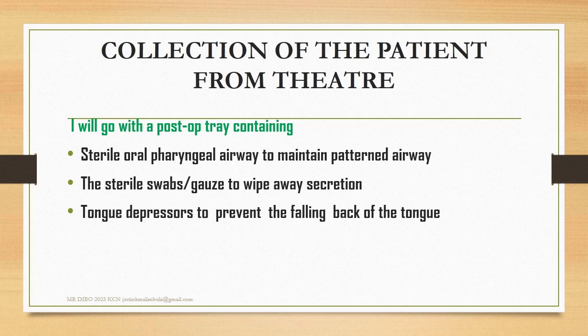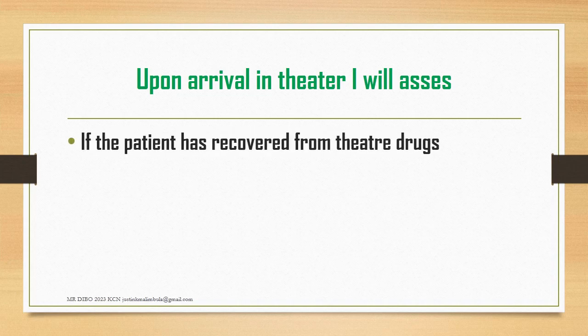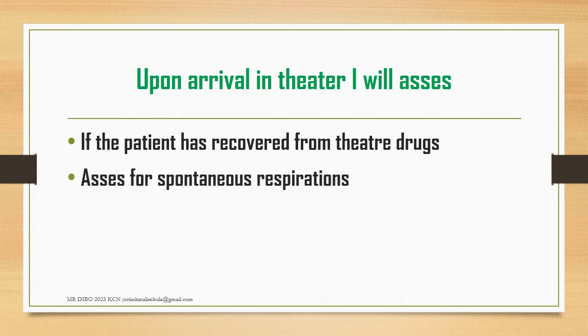Then, after mentioning the post-op tray, you are going to discuss a few things you are going to assess after reaching theatre. Upon reaching theatre, as a nurse, you need to assess if the patient has recovered from theatre drugs. Very important.